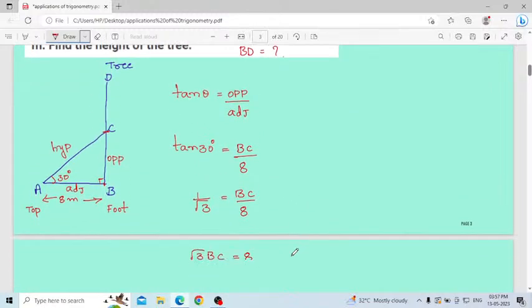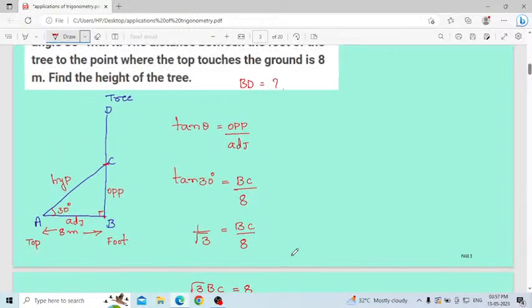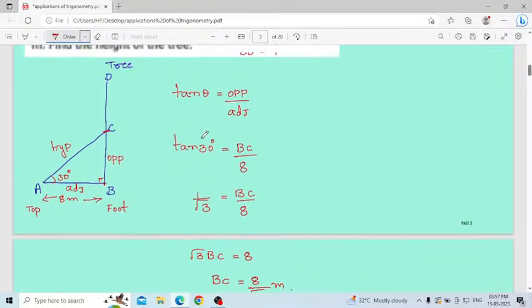We calculated BC, only BC. We have to calculate CD because the full length of the tree is the sum of DC plus CB. Up to here you understood. I consider here tan theta is opposite divided by adjacent. Here they are given the angle, tan 30 degrees equals opposite, here BC, divided by adjacent, here AB.